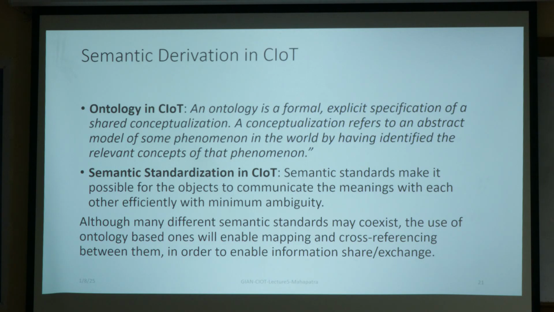Using the standardization approach, ambiguity is reduced or minimized. Although many different semantic standards may coexist, and a lot of work is going on in various parts of the world, the use of ontology enables mapping and cross-referencing, which means ontology is the main source for confirming this is the right thing.